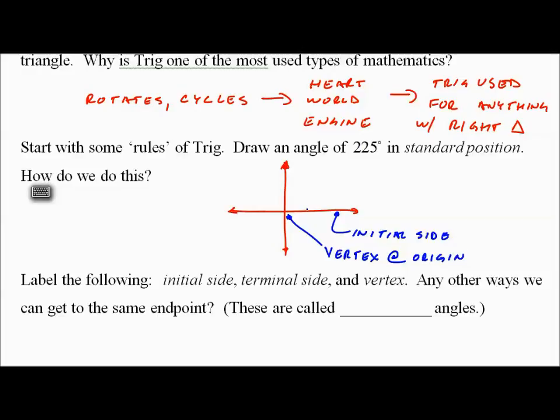And when we draw it, we count 90 degrees, 180 degrees, and 225 is somewhere in there. We don't care if we're exact. Do have to put a little arrow, though. This indicates we started at the initial side, and we ended up at the terminal side.